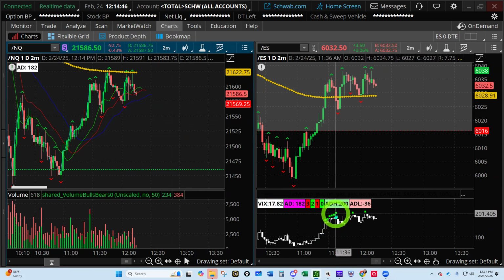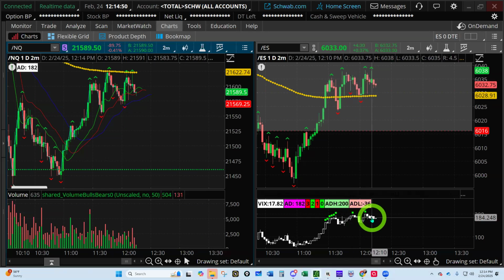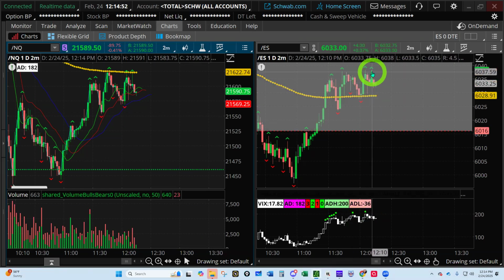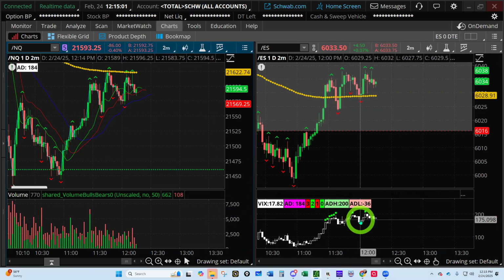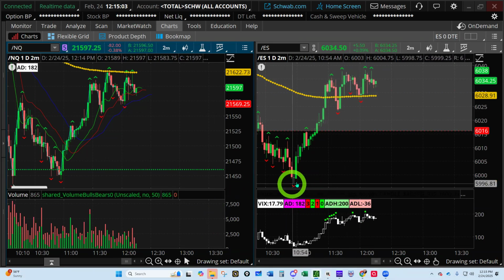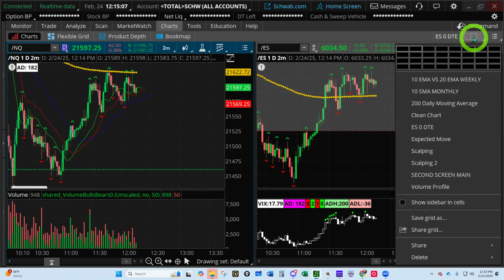We started seeing AD make highs of the day, and price was going up. But look at this, we're down 0.4% here, and we're basically flat on the E-minis. Anyway, we were having a really good time with scalping and playing with that. So we'll continue playing with that after this session is over.